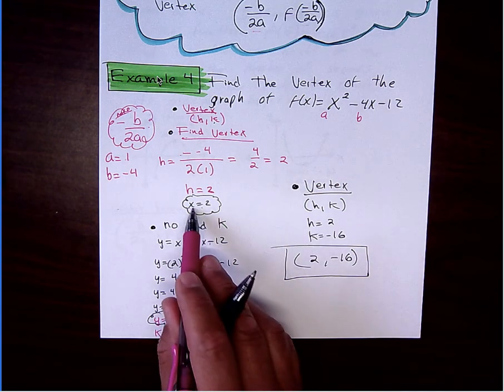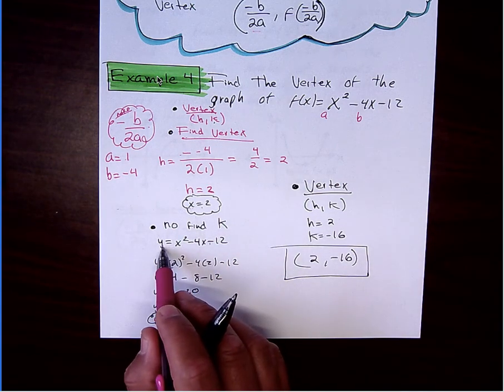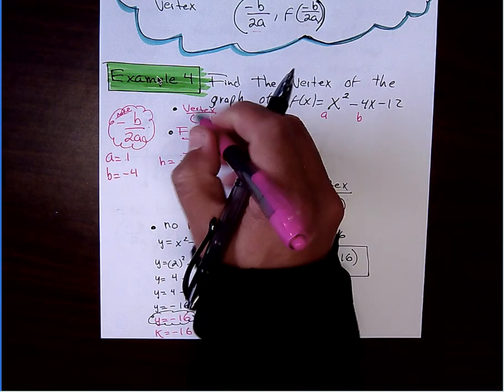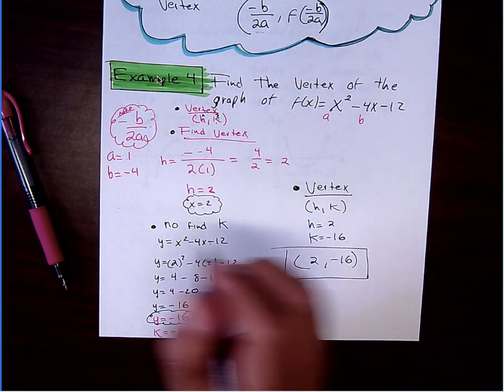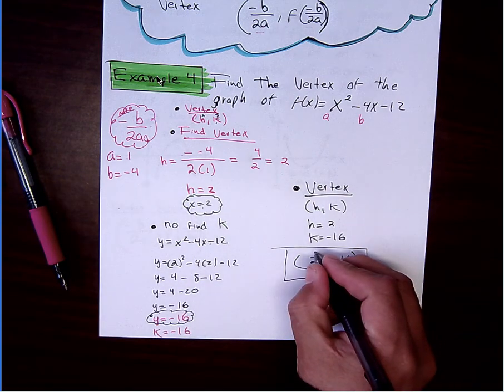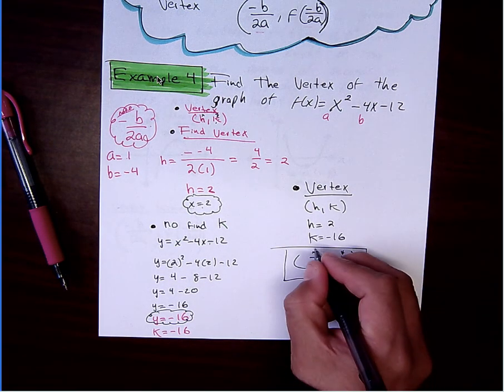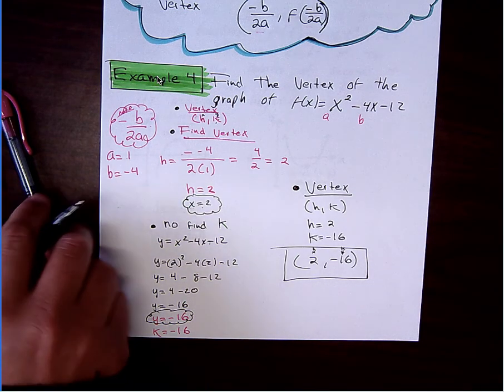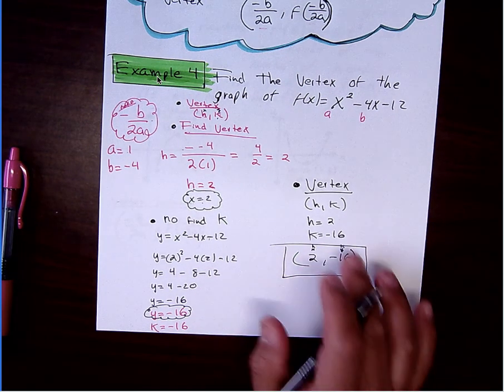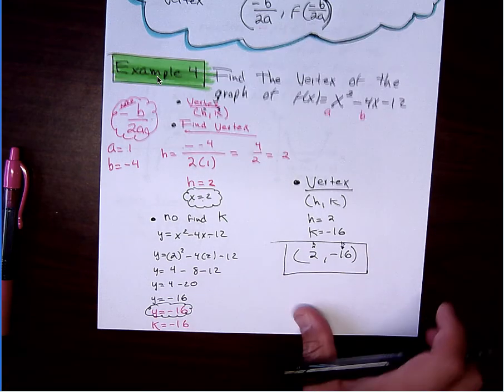Now using that x, find the y, which is going to be the k. Because remember, this is x and y. This is the x and y, or the h and the k. Same thing. They just like using those letters. Example 5.